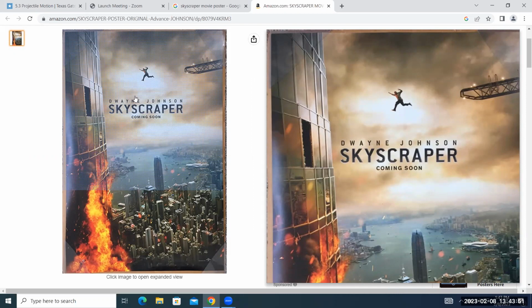And what we're going to do Friday is I'm going to analyze this. We're going to work on this. We're going to do the projectile motion problem from just this picture. And the result is going to be exactly what you expect, that he's going to die in a loud, violent manner.